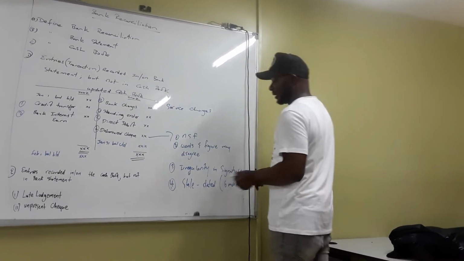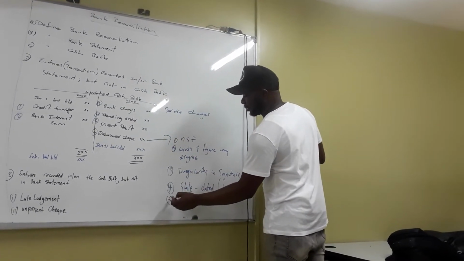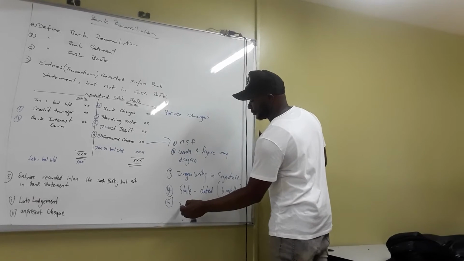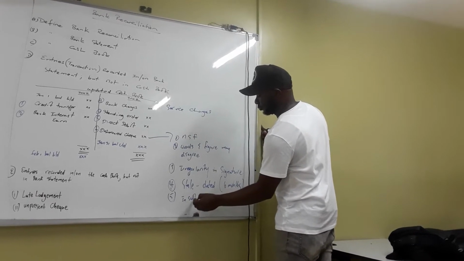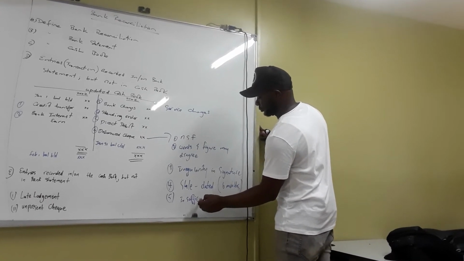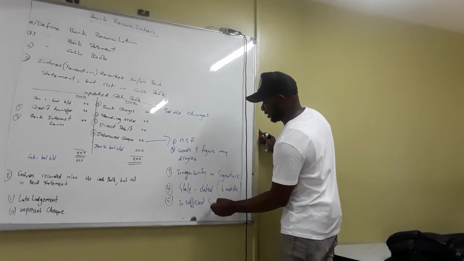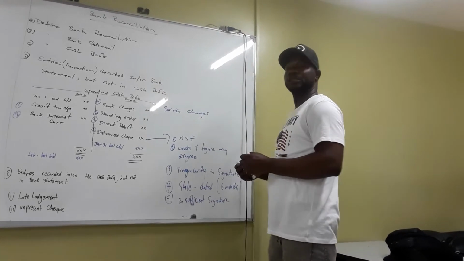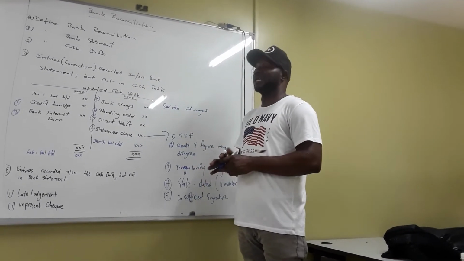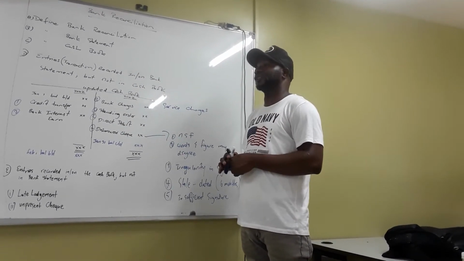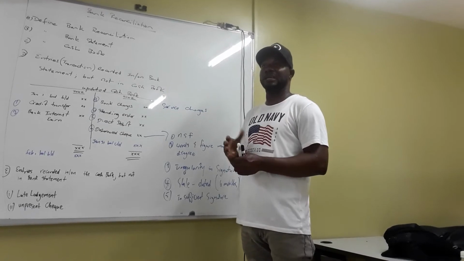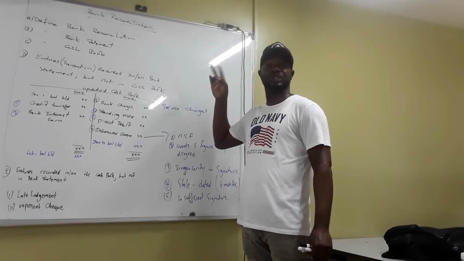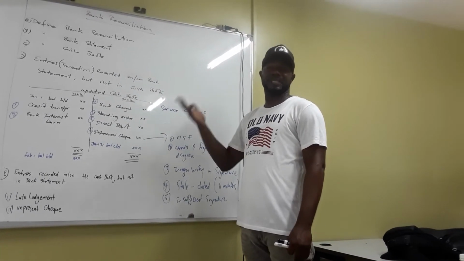Another one you could have is what we call insufficient signature. Now what do we mean by this? Take for example, the check needs 2 signatures, but only 1 person has signed the check.